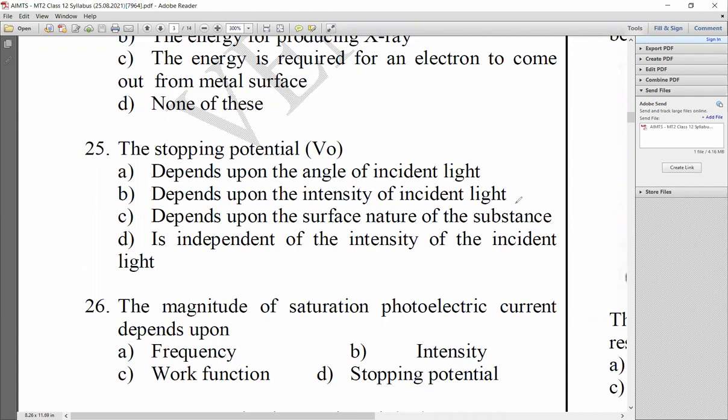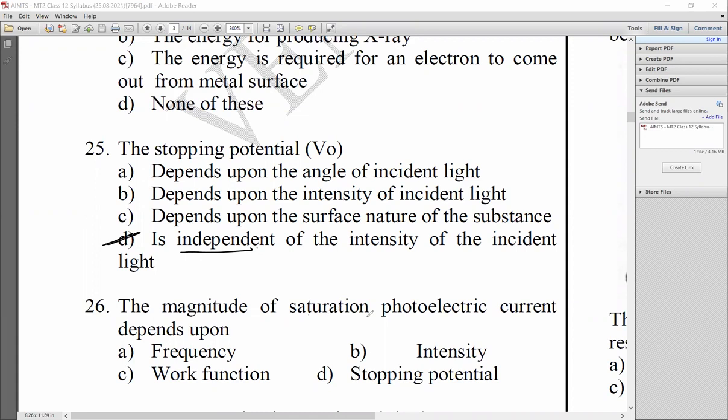Depends on the surface nature of substance? No. It is independent of the intensity. 25, fourth is correct.